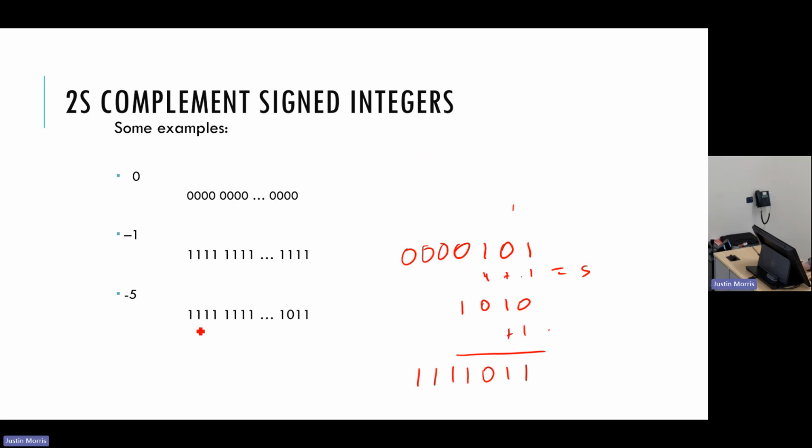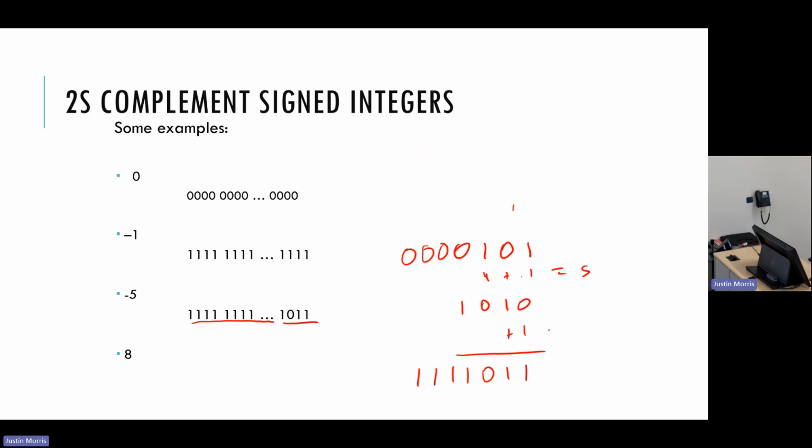So like we see a bunch of leading ones, and then the key is that we have 1, 0, 1, 1 at the end. And that is negative. All right. So 8, there's nothing new with 8, right? The positive numbers are exactly the same, 2's complement and unsigned.